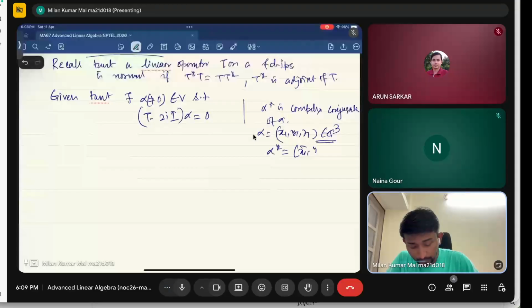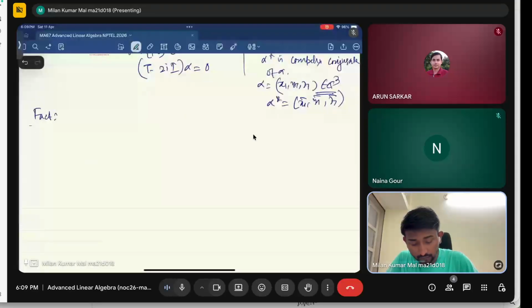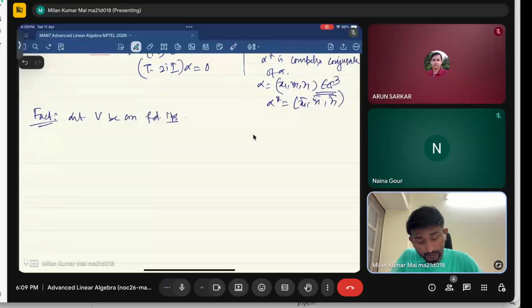Let V be a finite dimensional inner product space over a real field or complex field, that does not depend, and let T from V to V be a normal operator.